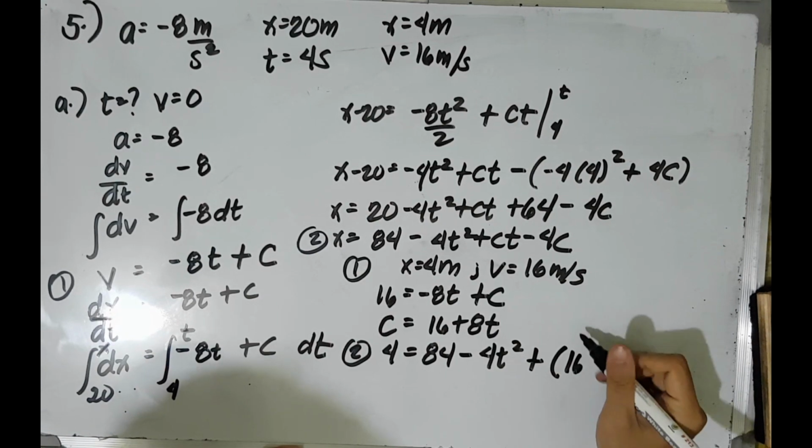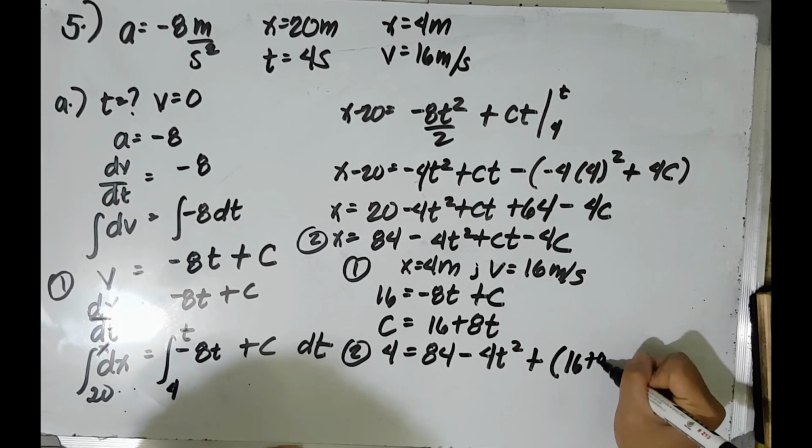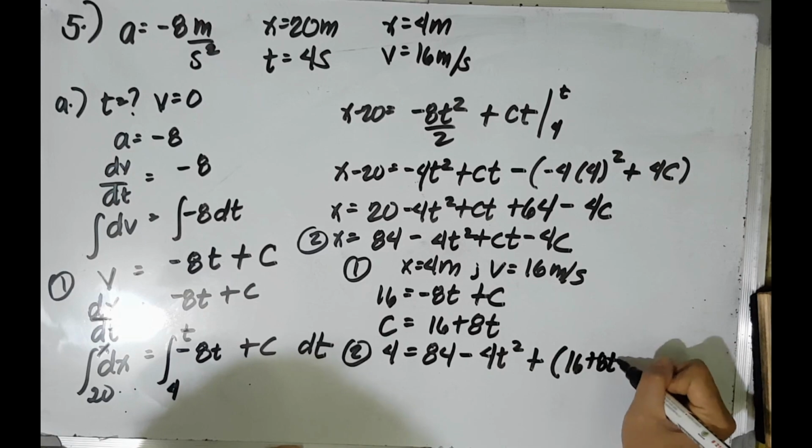And since we have value of c, substitute natin 16 plus 8t.